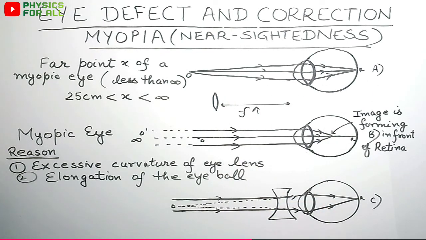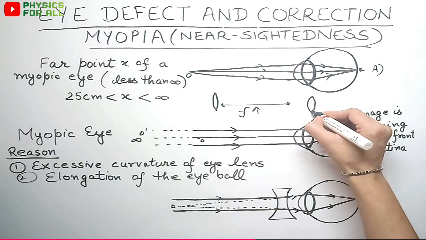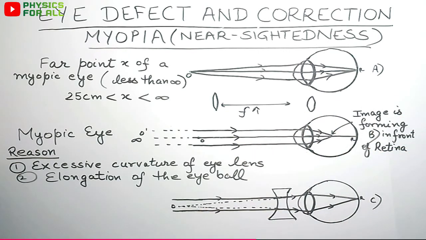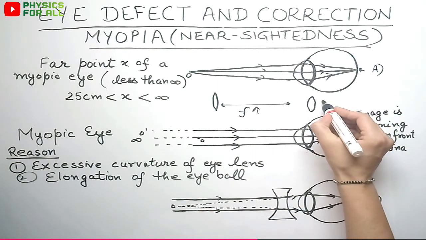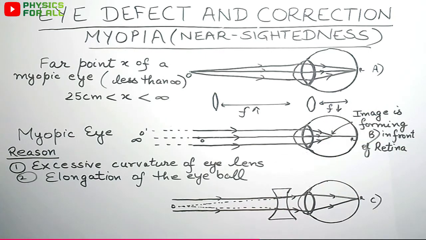And when we see nearby objects, our lens becomes thicker, widens. In that case, its focal length decreases. So when we are holding an object which is near to our eye, rays don't need much distance to travel. So in that case, we need the focal length of the lens to decrease.